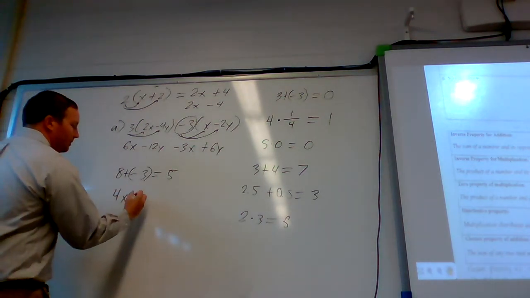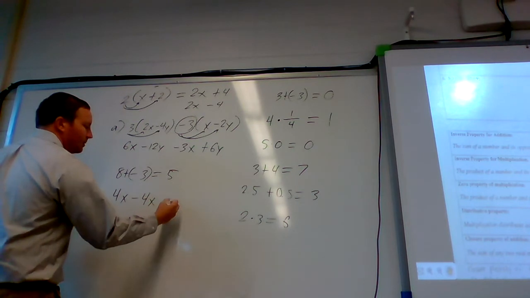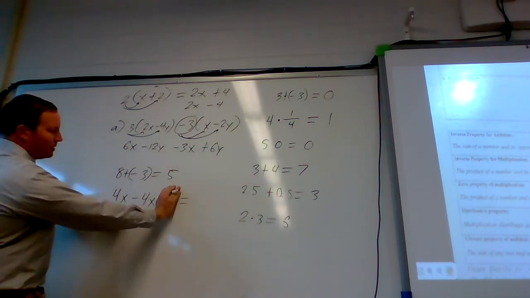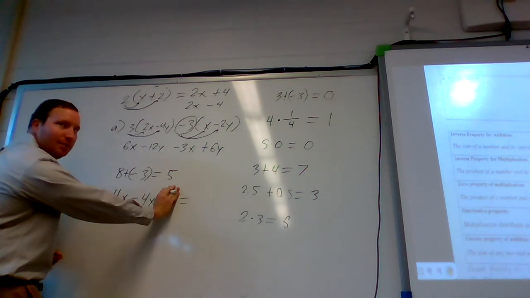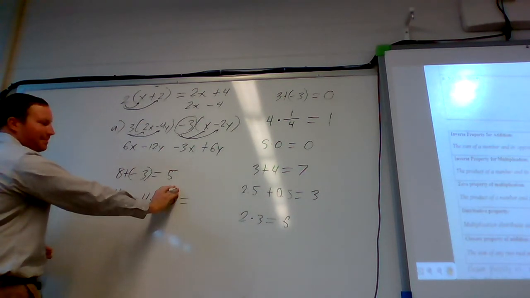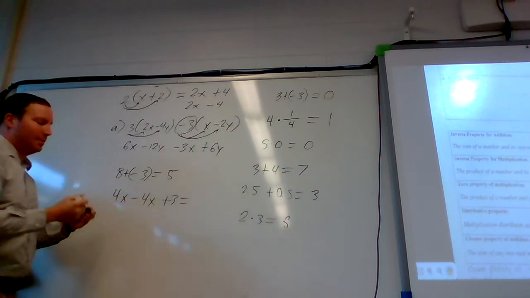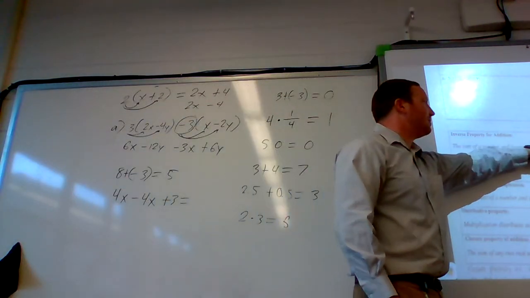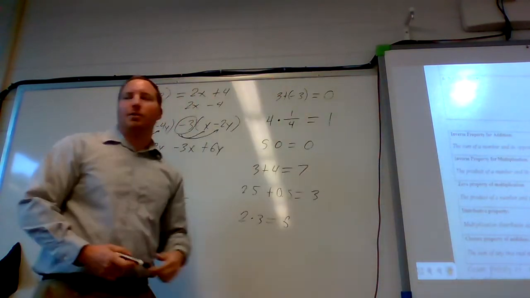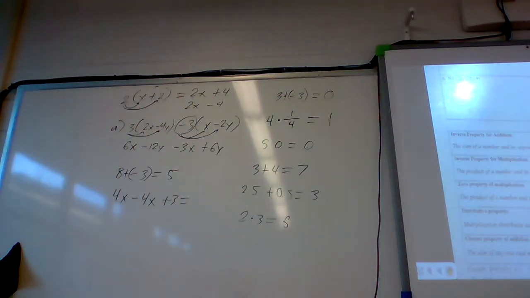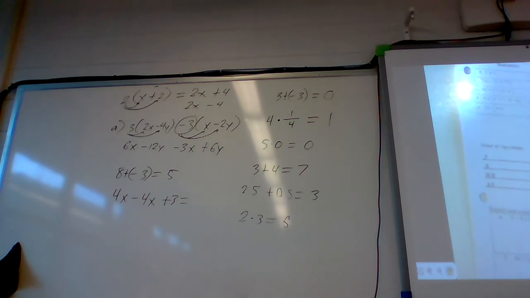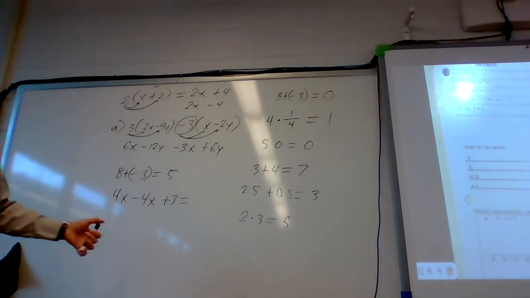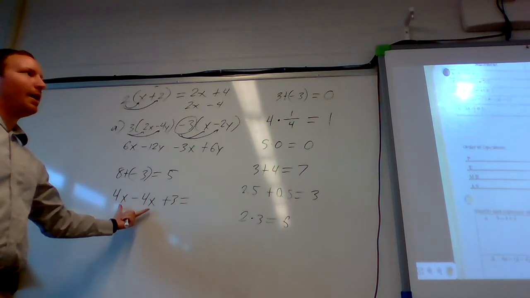Of course, we have that 3, but we're not worried about the 3. If we have 4x minus 4x, what does that end with? 0, right? So if we end up with a 0, the sum of a number and its opposite is equal to 0. So that's our inverse property for addition. The 3 equals 3, that's fine. But what's happening is we're getting rid of that 4x.